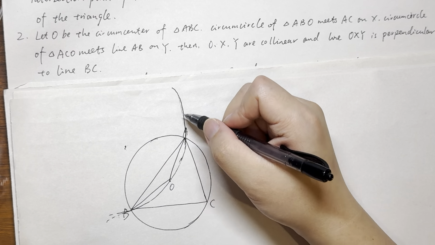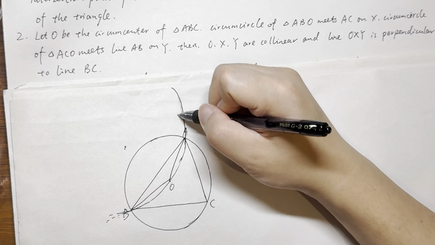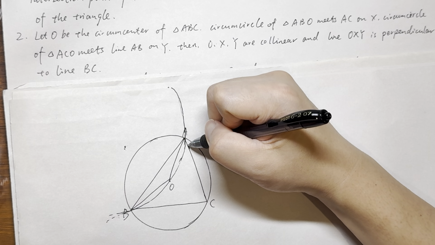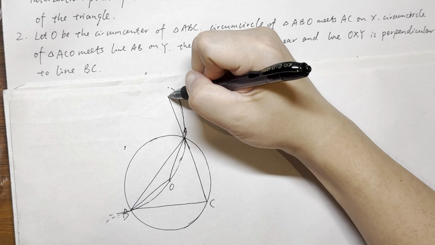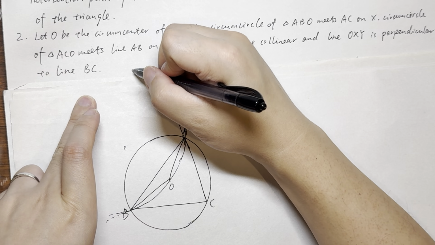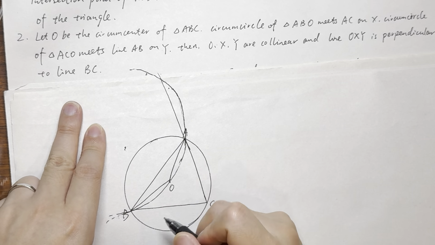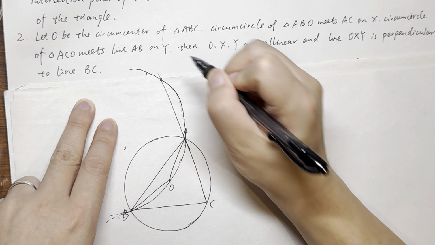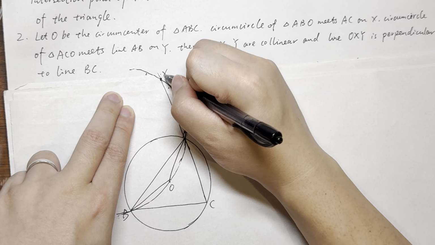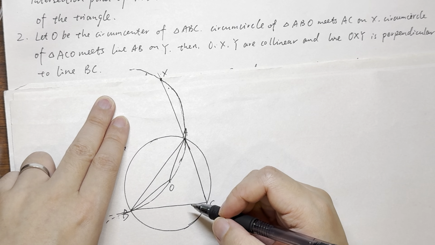And this circle ABO meets AC at this point. Let's call it X, right?